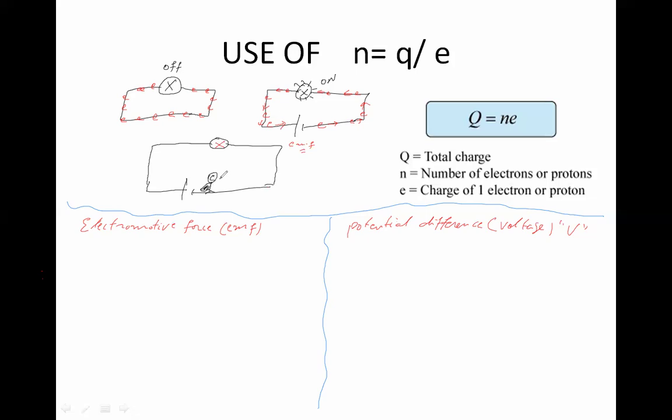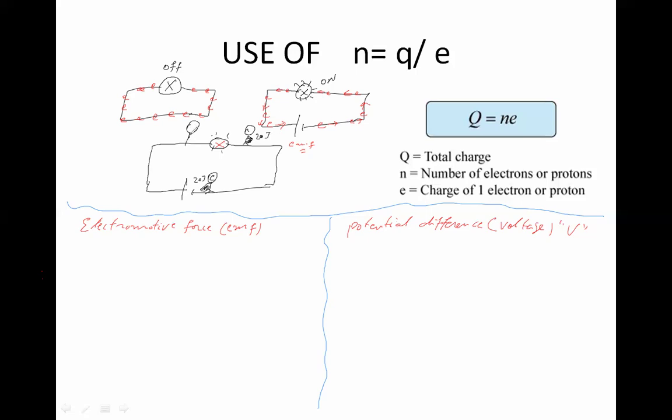This electron is very happy and reaches here with, let's say, 20 joules of energy. But when it passes through the bulb, its energy decreases.